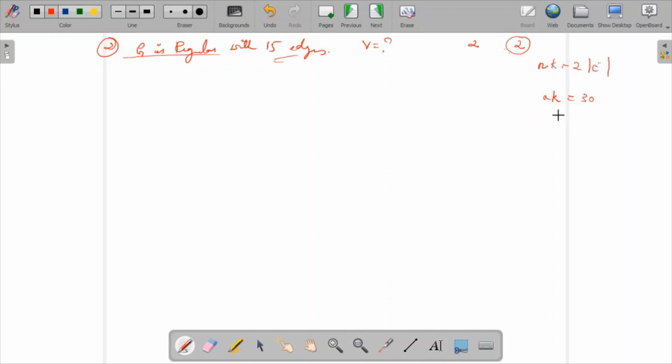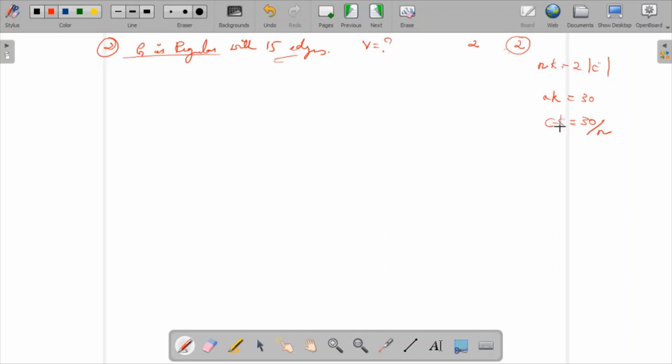If you want to find the k value, the degree, you are going to find the number of vertices, right? If you say that degree is k, since k has to be a positive integer, then k will be 30 by n. K is nothing but the degree, n is nothing but the number of vertices I have considered.